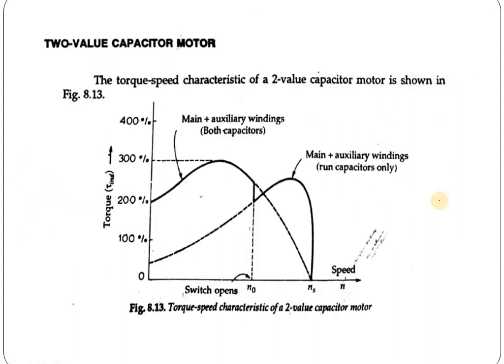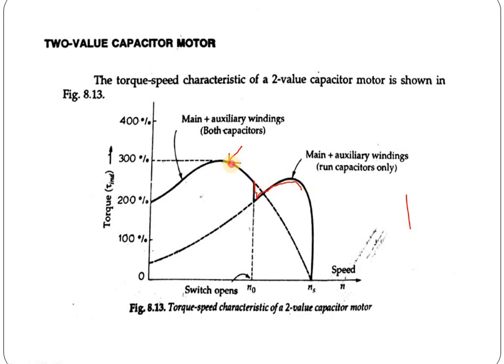Now we will see the torque speed characteristics of the two-value capacitor, that is, the capacitor start and capacitor run motor. In this torque speed characteristics we can see this portion when the main winding plus auxiliary winding are both running, and after a certain time the starting capacitor is removed and only the run capacitor is running.